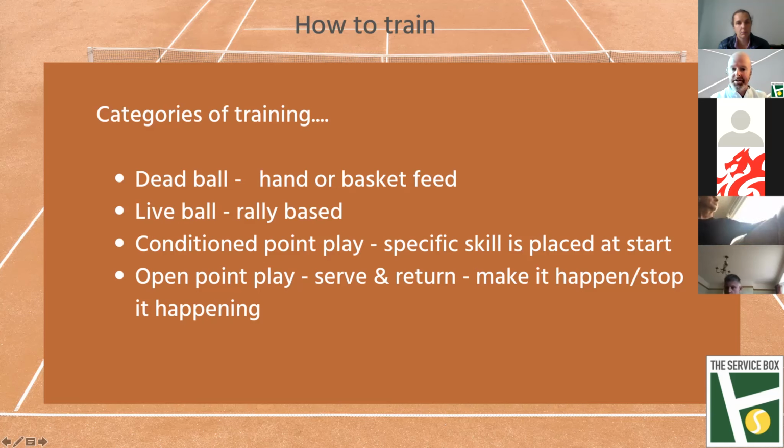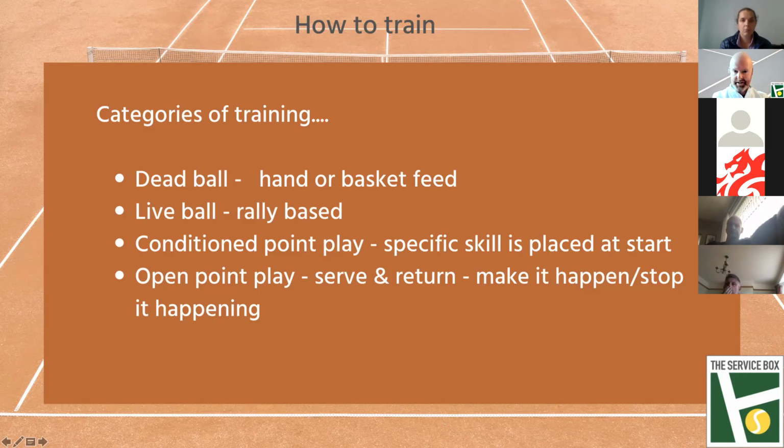The simple reason for that is that you want to place volume on the skill. If you drilled something really well with a basket, and then maybe even did it in a rally-based situation, and then say, okay, just go play, serve return, just play, the chances are, unless they're really smart, that they don't see the skill.